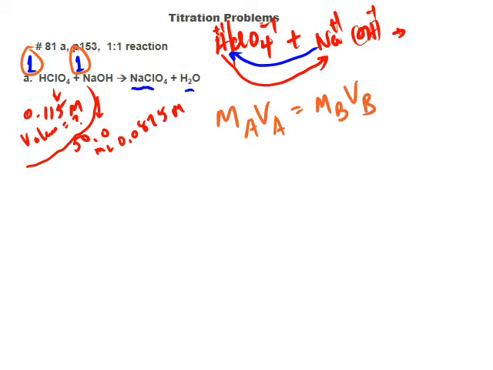Now I'm going to do the problem. I first need to get the volume of acid, which is missing. You can see here that they want you to find the volume of acid, which will be given by molarity of base times volume of base divided by molarity of acid. Let me double check to make sure I haven't used any wrong number here.